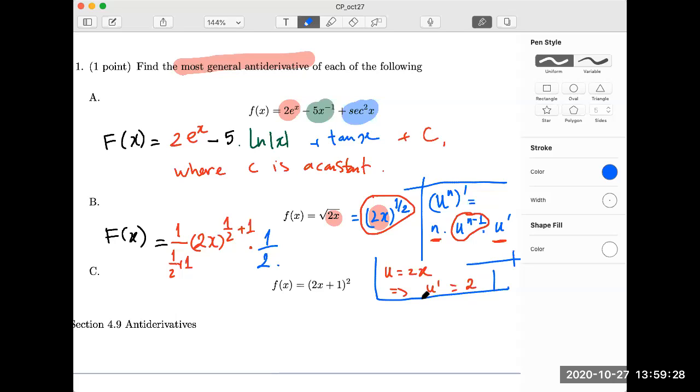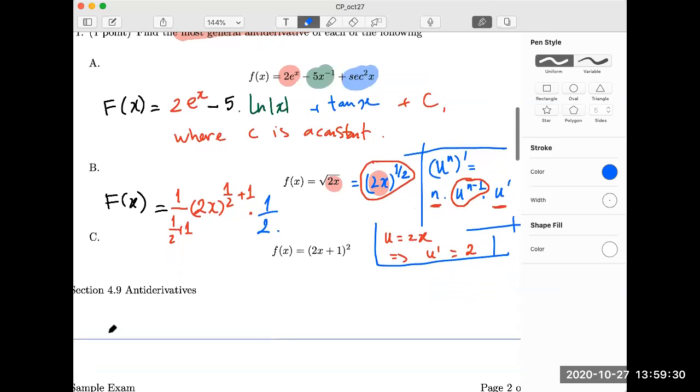Or you can double check it by doing this. Take the derivative of this guy, and you will see that it will not give you square root of 2x. Okay? Then you need to weight it by 1/2.